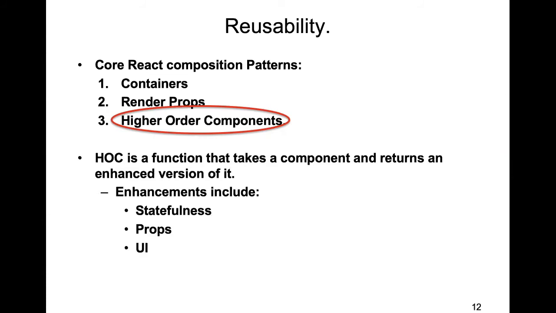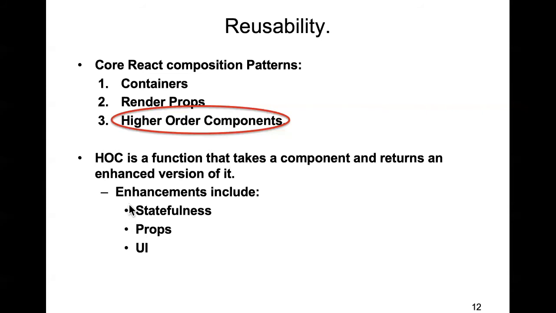What a higher order component is, technically, it's actually a function, despite its name. A higher order component is a function that takes a component as an argument and it returns a component as its return value. And essentially, it enhances the component argument, and how it enhances it can vary.